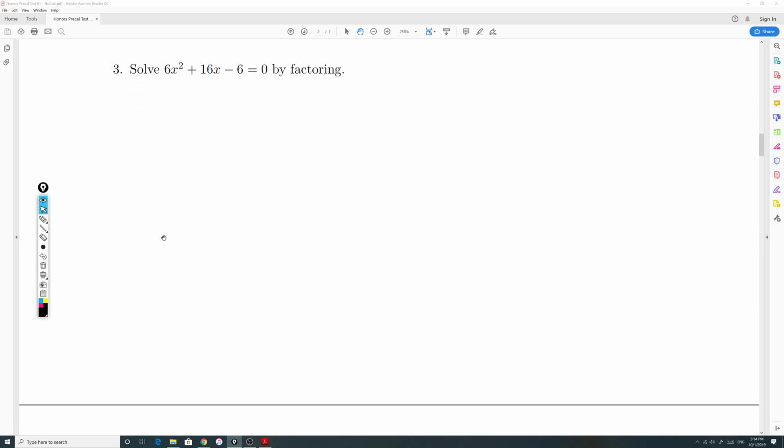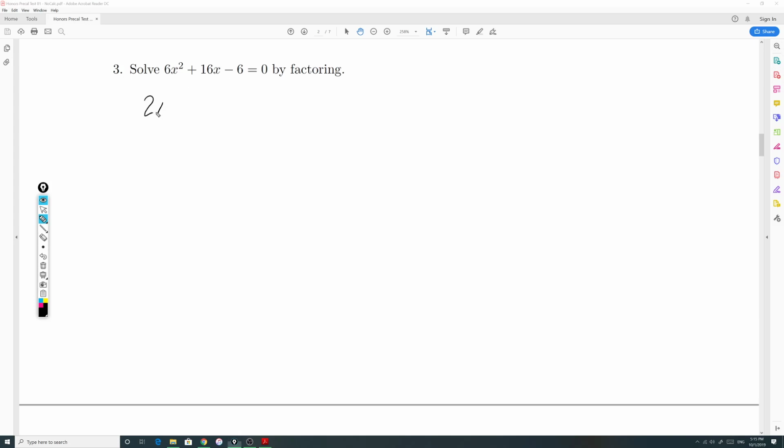Now number 3 does require a bit of algebra, just review from prior classes for the most part. So we want to solve this by factoring. Everything's already all on the left-hand side. It says equals 0, so you can get started. You want to look for a common factor. There is a common factor here, namely 2.